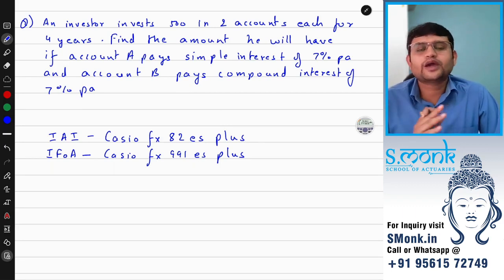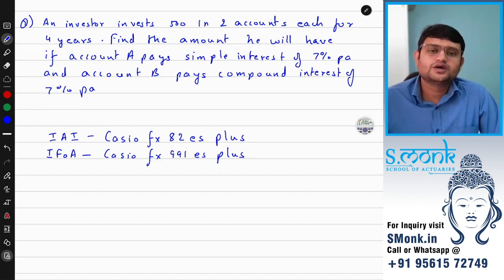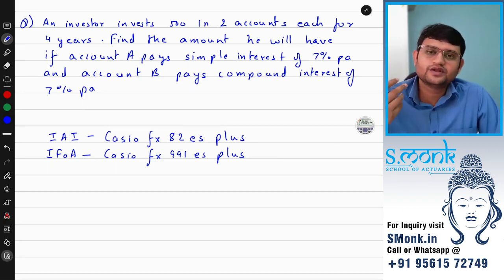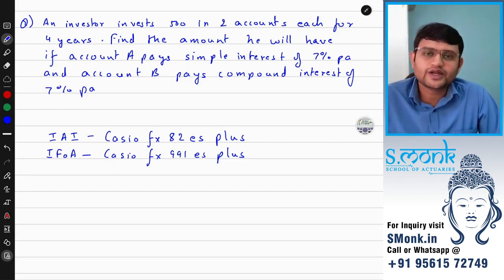It's very important. Now, there is no calculation throughout our course that you cannot do in 82 ES Plus, but there are a few advantages of buying a 991. That is because there, a few equations can be solved more easily, and you can do integrations. Now all of these you will have to solve on paper as well, but it helps to check if you have the calculator in which you can do integrations and stuff.